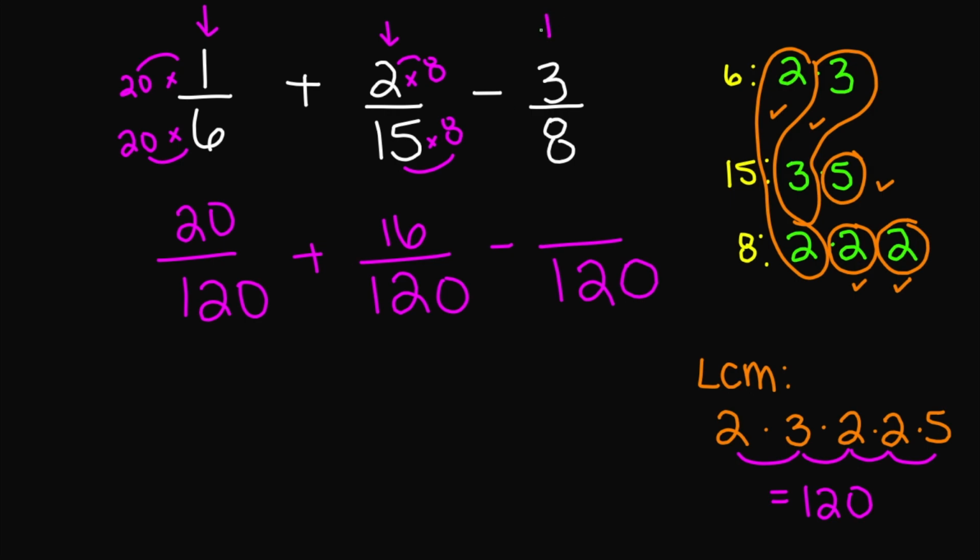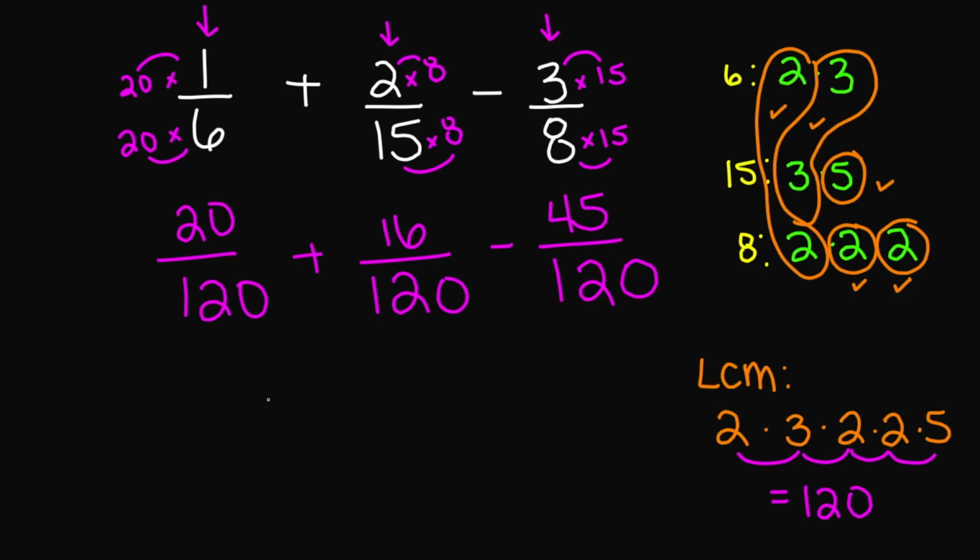Now, 3 over 8, what number times 8 is going to give me 120 in my denominator? And that's going to be the number 15. So I'm going to multiply top and bottom here by 15. So 3 times 15, this is going to be 45. And then 8 times 15 is also 120, and that's perfect. So now that my denominators are the same, we have 120 in my denominators, now I can go ahead and add and subtract.